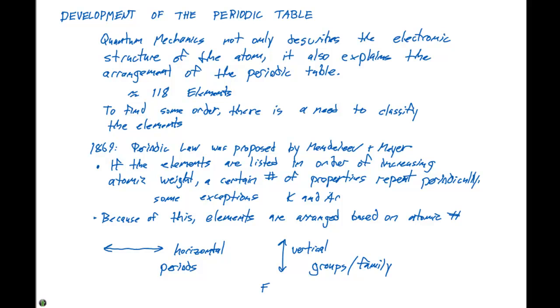And elements within a particular group have the same properties. So we're going to look into the various ways that we can group elements in the periodic table and look into the trends that we'll observe for these particular groups.